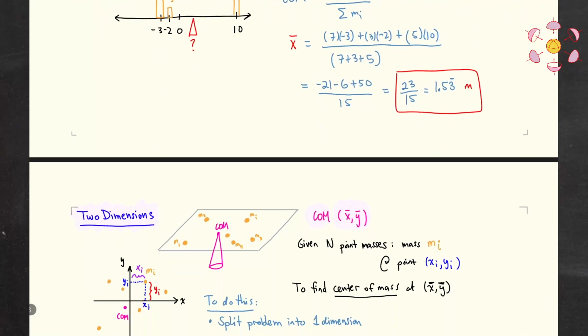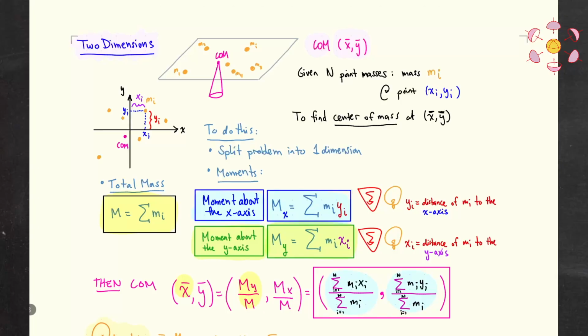And let me skip to the 2-dimension situation, where we've got basically a system of point masses, and you imagine all the masses are in a plane, and you imagine that cone there, that's our fulcrum, we want to put the center of mass precisely so that everything balances out. And the trick to this is really just to split this up into 2 dimensions and think about them 1 dimension at a time.